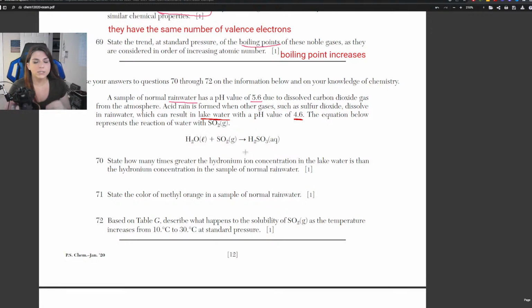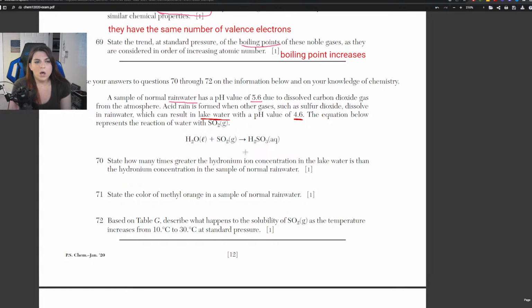pH is a log scale. So you're still looking at that number line, but every single jump on that scale, you have to either multiply by 10 or divide by 10. The pH scale is looking at 4.6 and 5.6, which would be one entire jump on the scale. Low pHs are acidic and higher pHs are more alkaline or basic.